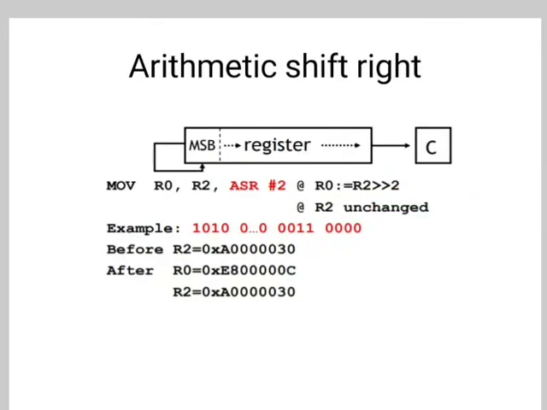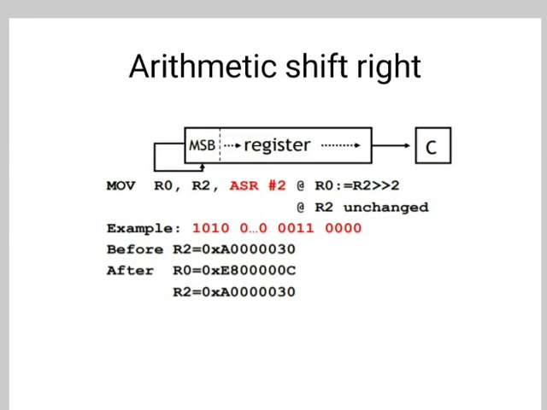Next is arithmetic shift right. So MOV R0, R2, ASR #2. So R2 remains unchanged. Before execution of the instruction, we have the value of R2 like this: 0xA5000030. After execution, the value will be shifted right.